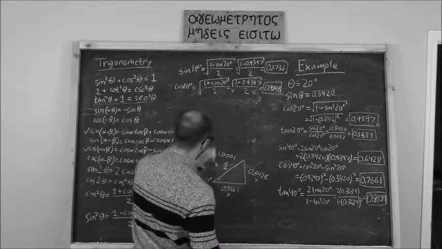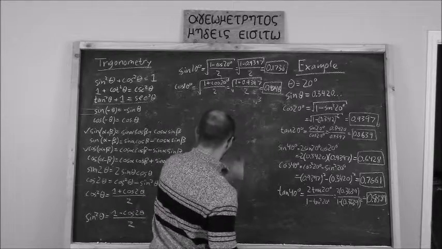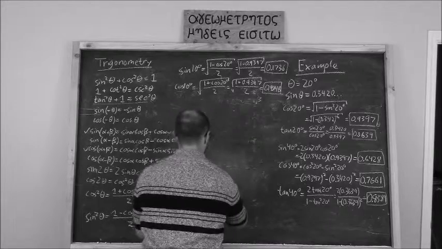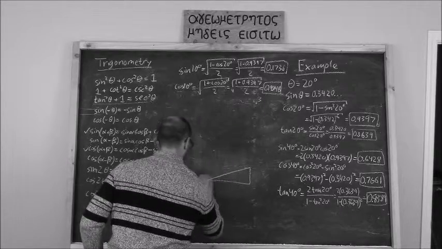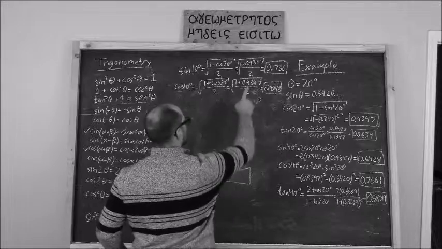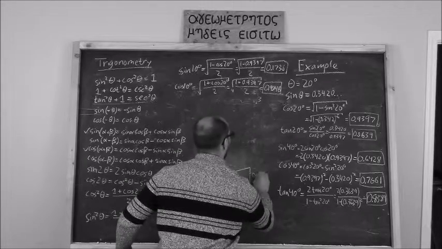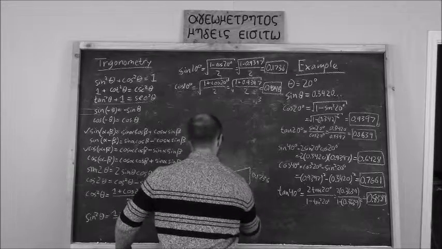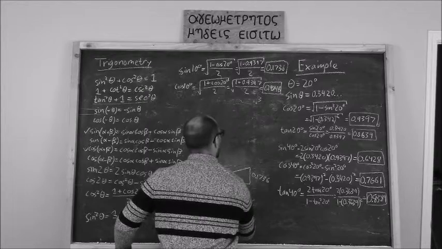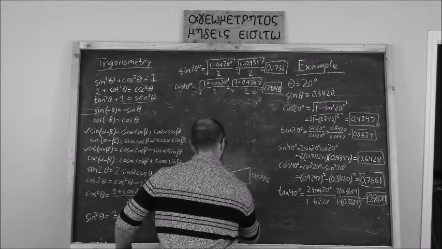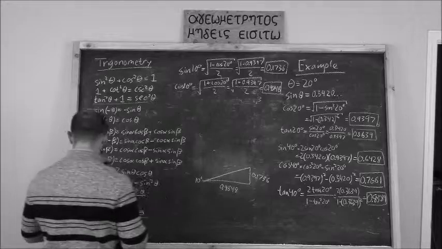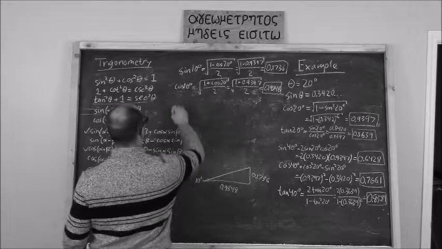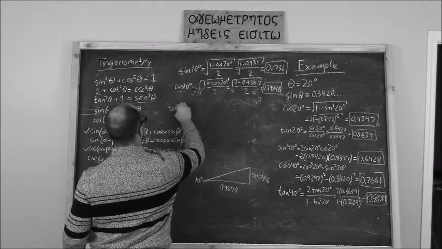I'll draw my reference triangle down here, this time with theta equal to 10 degrees. Sine is 0.1736. Cosine is 0.9848.